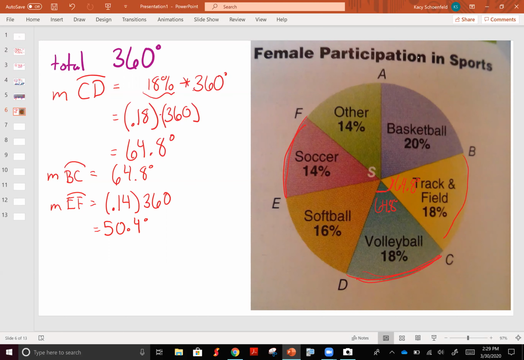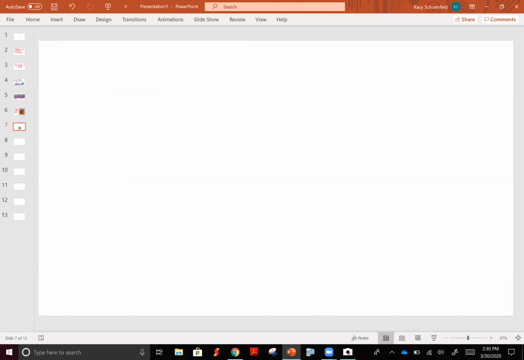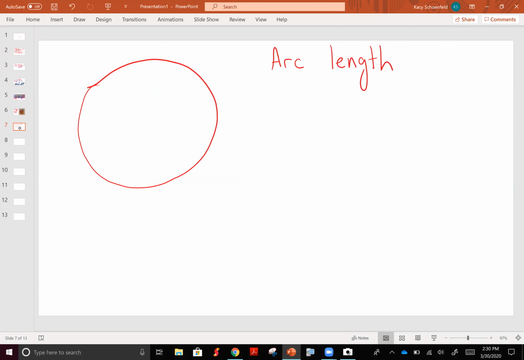And then we have one more thing that's a little bit different for you. All we've been finding is what we call the arc measurement, but we are now going to find the arc length.